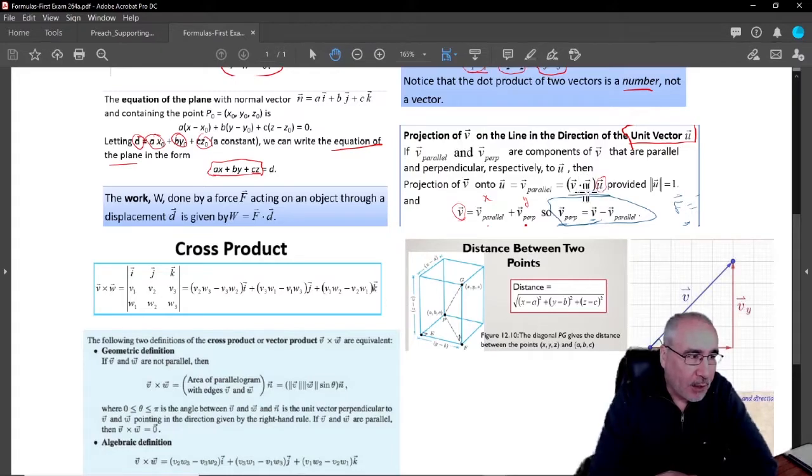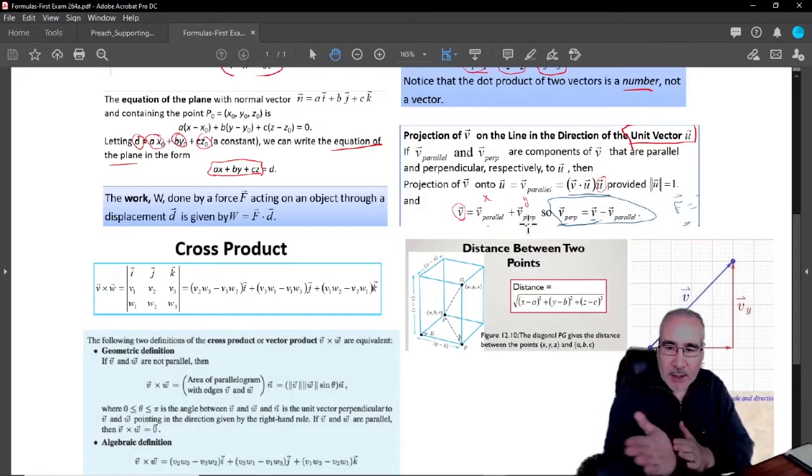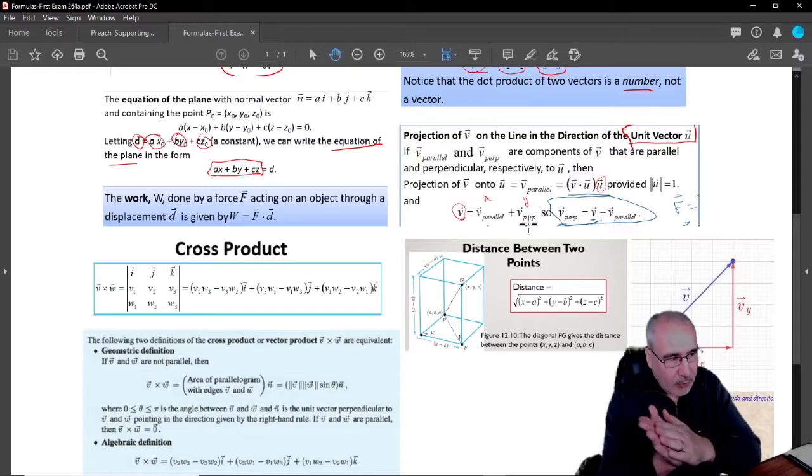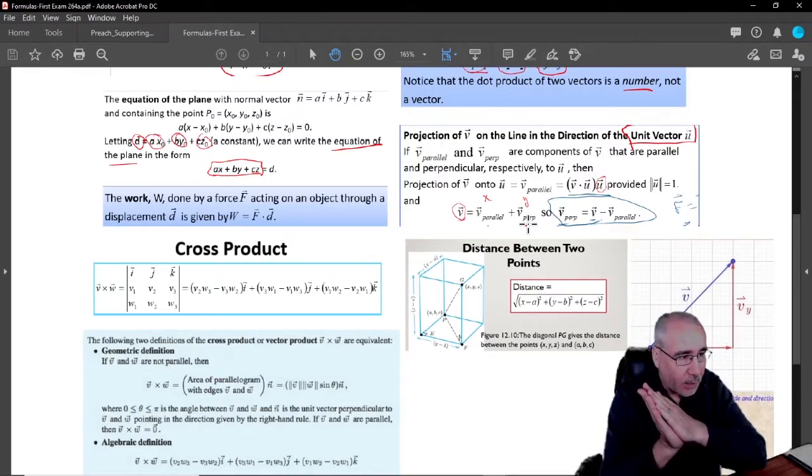We do the dot product, and remember that's going to be a scalar. We multiply that by the unit vector, and that gives us the component that's parallel to the vector.